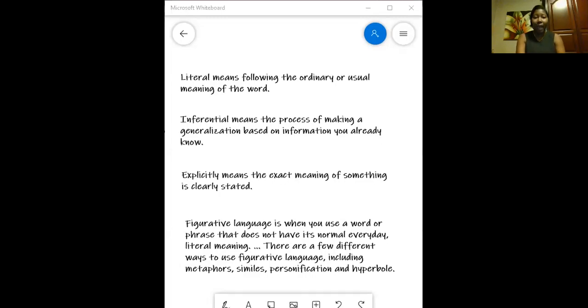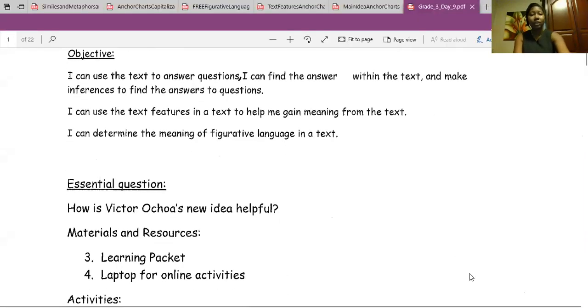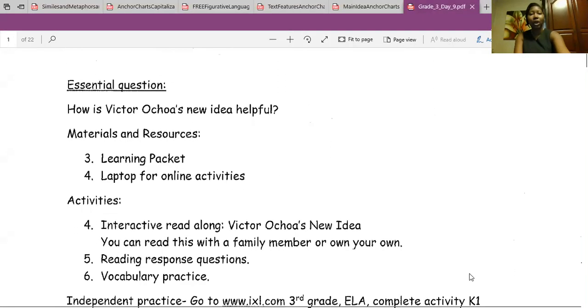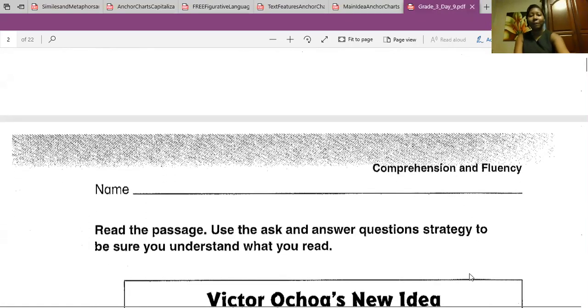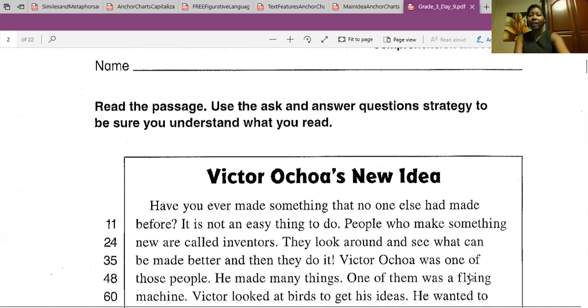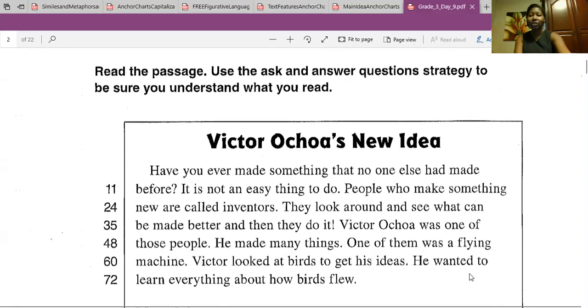All right, so back to the task at hand. Our essential question is, how is Victor Ochoa's new idea helpful? It says, read the passage, use the ask and answer question strategy to be sure you understand what you read.